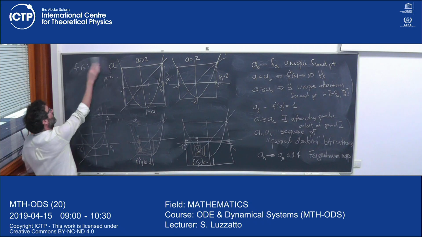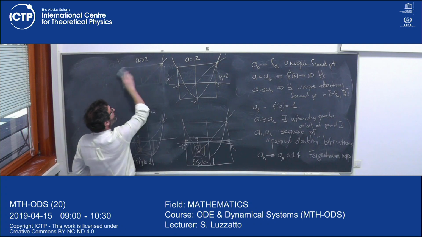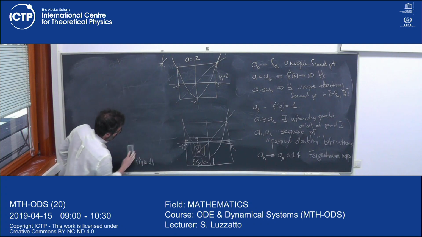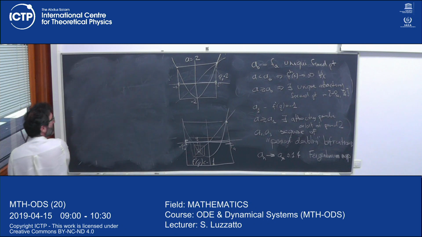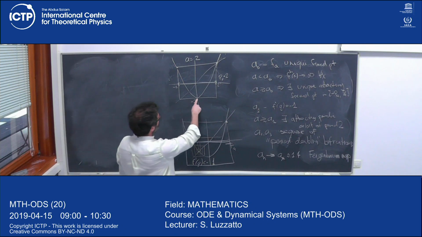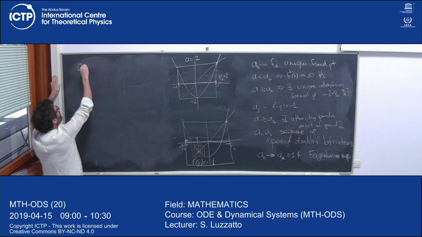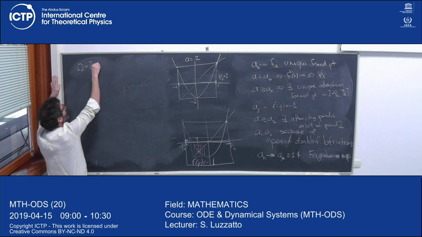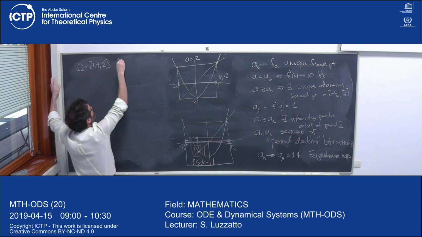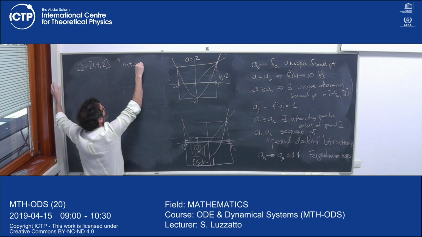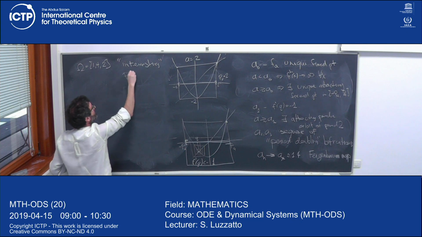Okay, so I just want to give you a little overview of results, because in some sense the point of all this was to say that what's left is this parameter interval between 1.4 and 2. After 2 we saw that nothing happens. So omega equals 1.4 to 2 are the interesting parameters.